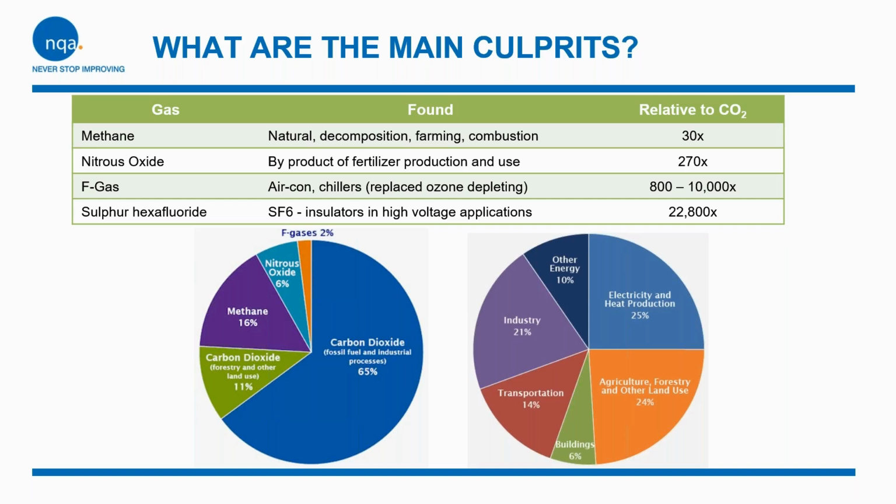If you add to that the carbon dioxide that is coming from forestry and other land use, so that's more naturally occurring, but through the use of land. So even ploughing a furrow down a field, turning the soil, is releasing carbon dioxide into the atmosphere.